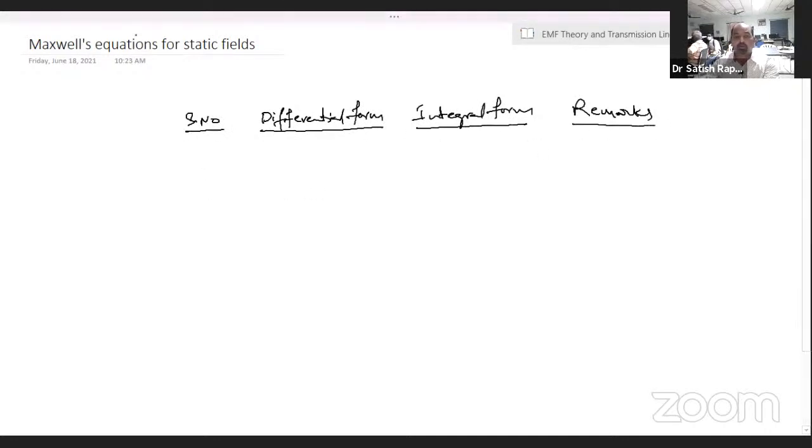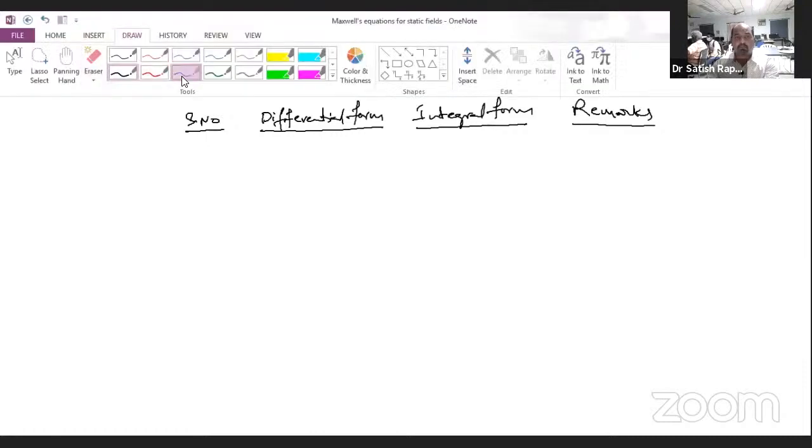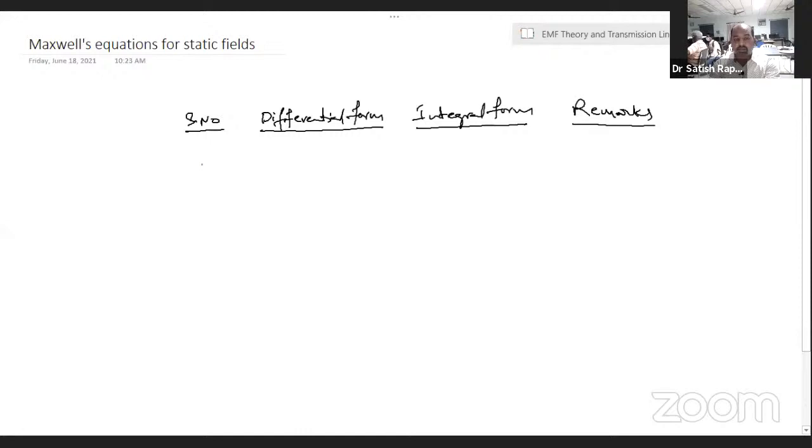So serial number 1, here differential form: delta cross E bar is equal to 0. Integral form: line integral E bar dot dl is equal to 0.